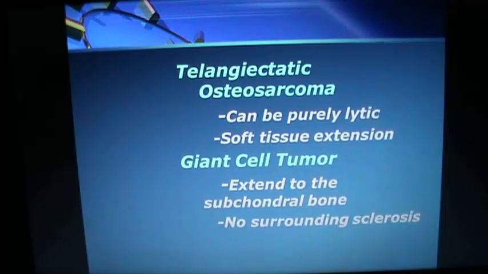If we compare it with aneurysmal bone cyst, even if the cortex is not continuous, the lesion is contained, well defined in aneurysmal bone cyst. Now, giant cell tumor reaches subchondral bone, but aneurysmal bone cyst, by definition, is usually limited by the epiphyseal plate.